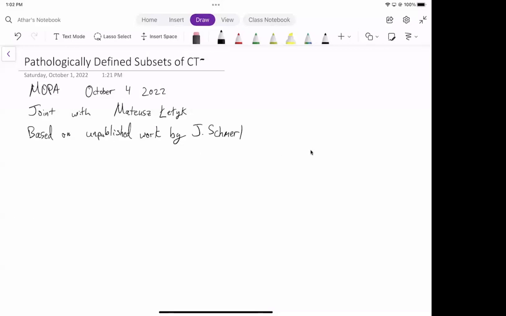Okay, so I'm going to talk about models of CT minus with certain pathological subsets, or pathologically defined subsets, however you want to say it. First of all, I'm not going to get into certain technicalities about the differences between truth predicates and satisfaction classes.